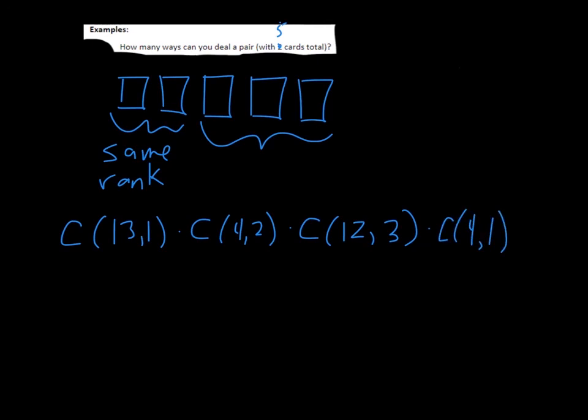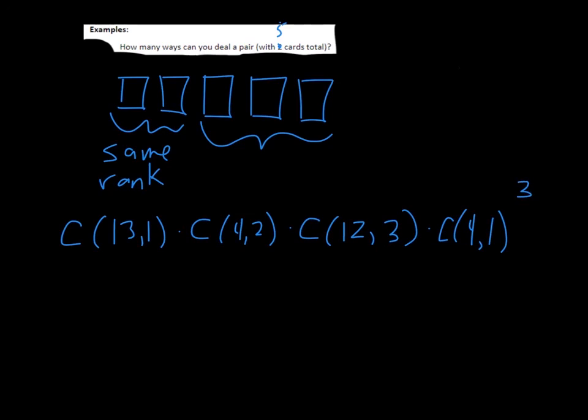But that same thing is going to happen for this card. Whichever rank is chosen for this one, out of the 4 of them, I'm going to choose 1 of those cards. Same thing with this one. So I'm going to be doing 4, choose 1, 3 different times. So all I'm going to do is raise that to the 3rd power.